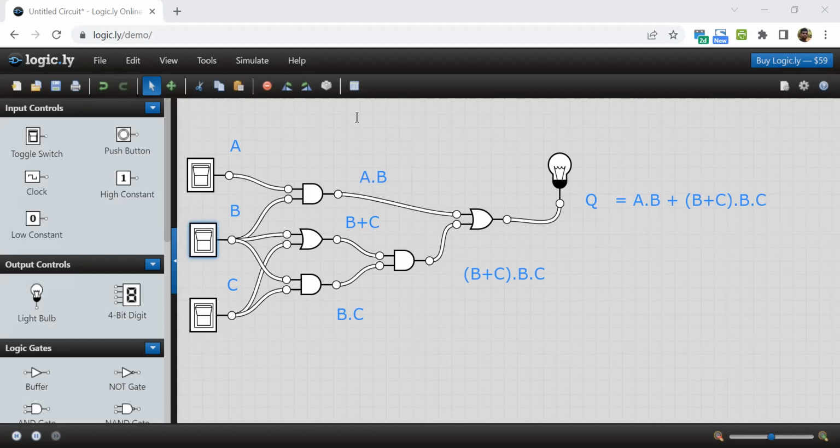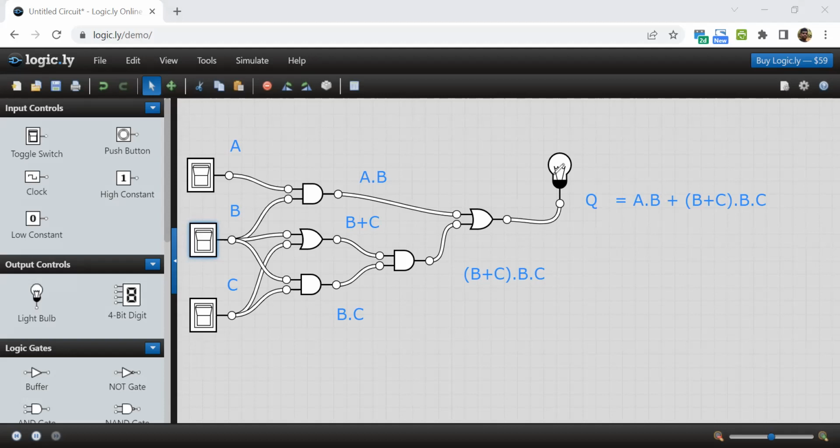Right. Now that we know this is the equation, we know how to make use of Boolean laws. We are going to make use of all the things that we have discussed so far. So let's see how we can improve this, improve meaning try to simplify this, right? So let's start.